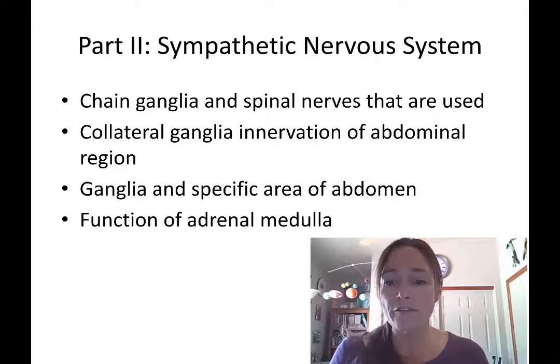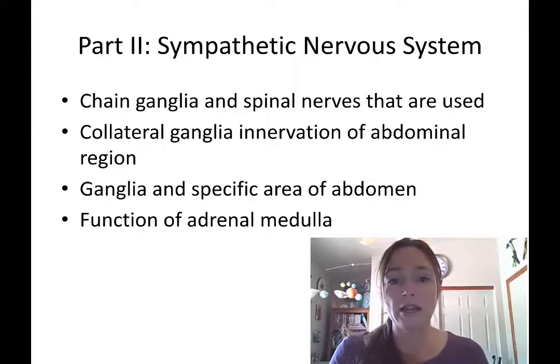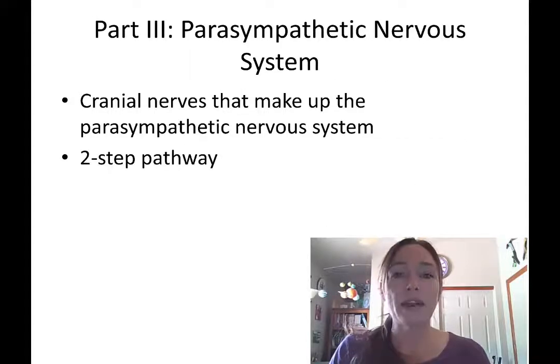So if norepinephrine is released and it goes to the heart, whether it's through the chain ganglia and a second neuron, or whether it's through the blood from the adrenal medulla, your heart rate's going to increase.